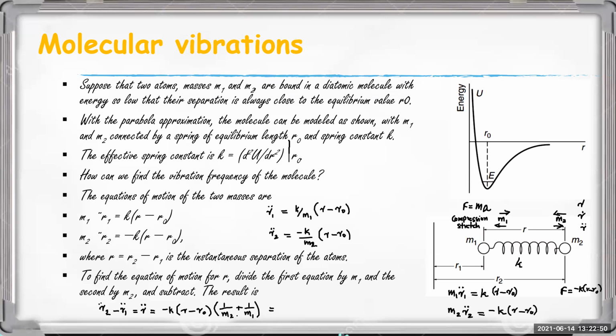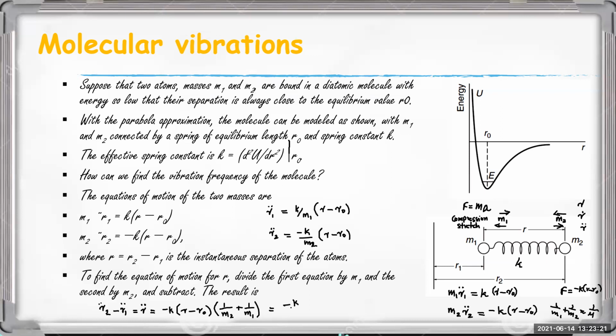Here I take 1 by m1 plus 1 by m2 as equal to 1 by mu.